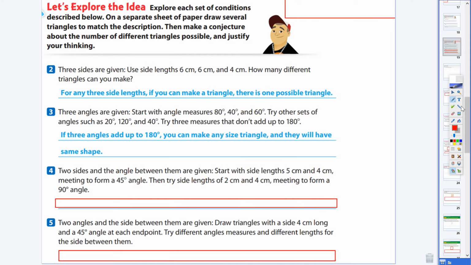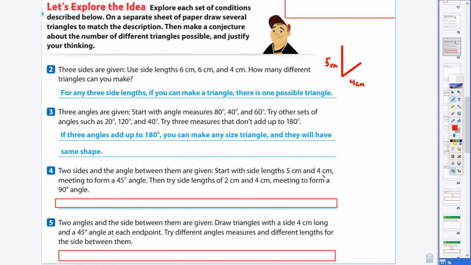Let's say I did a 5 centimeter line segment and a 4 centimeter line segment. Okay, 5 centimeters and 4 centimeters, and they form 45 degrees. So let me do 45 degrees.